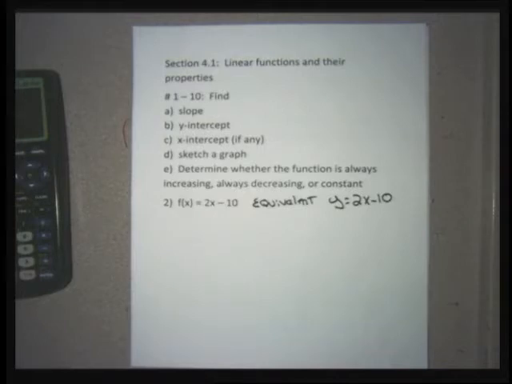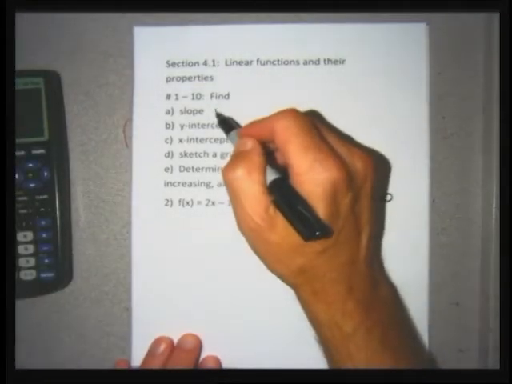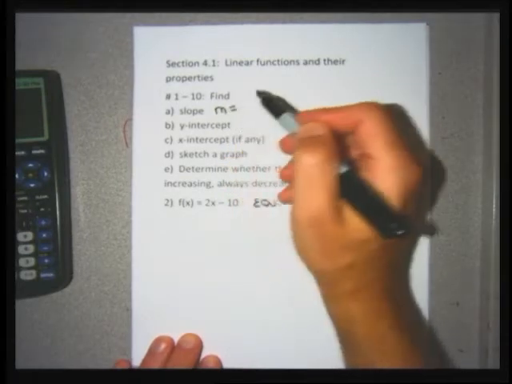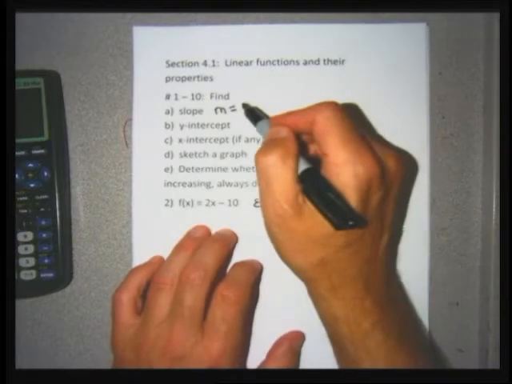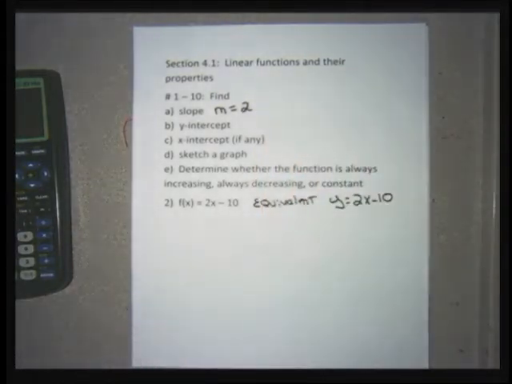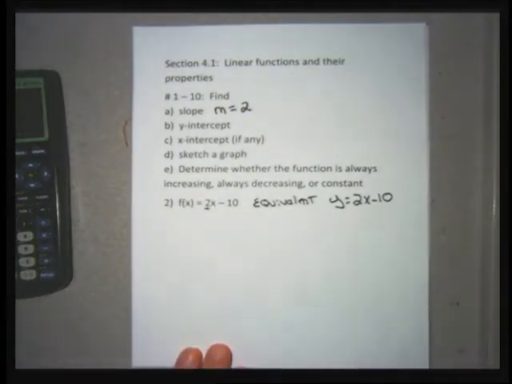Because this is essentially an equation solved for y, when I go to answer the first part as to what the slope is: if an equation is written in function form, or solved for y, in the form y equals mx plus b, the number in front of the x is the slope. So for this particular problem, the slope is the number in front of the x, which is 2.